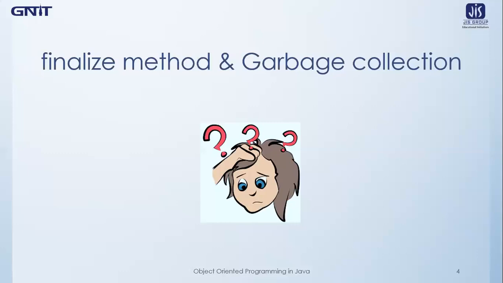That means the allocated memory which is no longer needed should be deallocated. That means the garbage memory should be collected. This is what we call garbage collection in Java. Garbage collection is done in Java automatically, unlike C or C++ languages. Now, this is why we call Java robust, because the concept of garbage collection was there in C or C++ languages also, but there you have to write explicit code in order to do garbage collection.